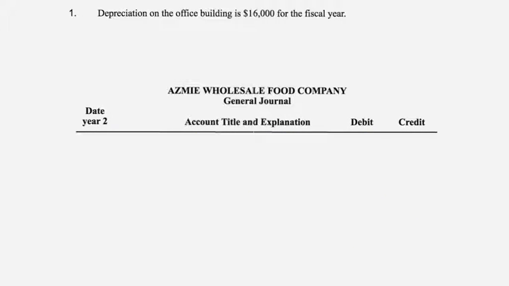Okay, our fourth transaction. Depreciation on the office building is $16,000 for the fiscal year. So again, this is going to be very simple. Again, we're reporting the financial statements quarterly. So all we need to do is take that $16,000 and multiply it by a quarter. And that's going to give us $4,000 that we'll recognize for this quarter as depreciation expense.